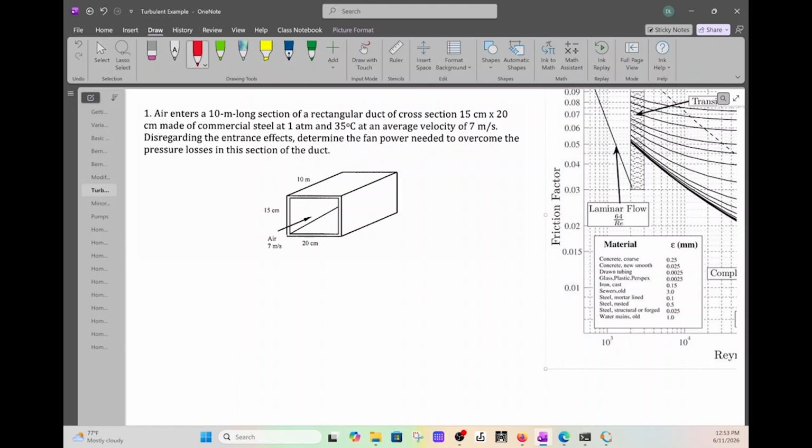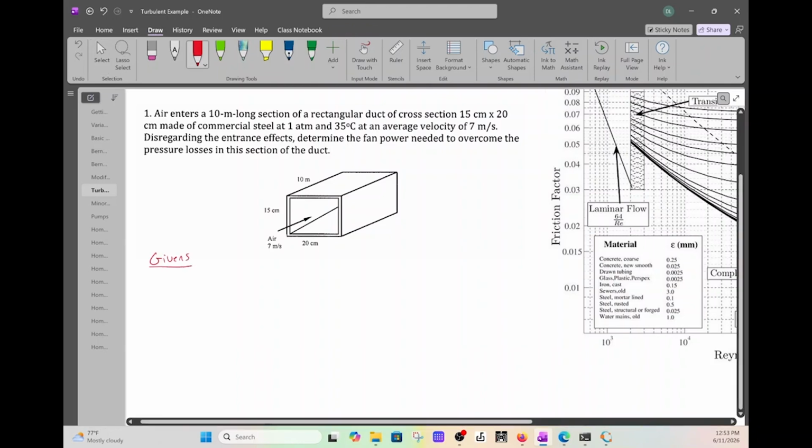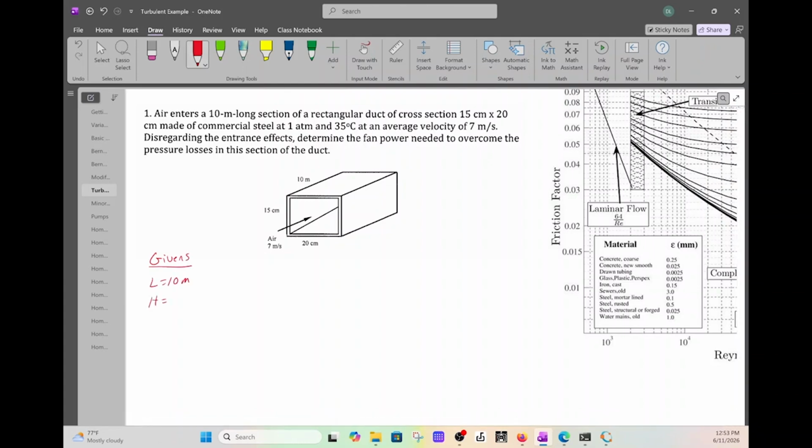All right, so let's write our givens. We got L is 10 meters, H is 0.15 meters, W is 0.2 meters. We got P1, which is 1 atmosphere, which is 101,325 pascals. T1 is 35 degrees C, or 308 Kelvin.